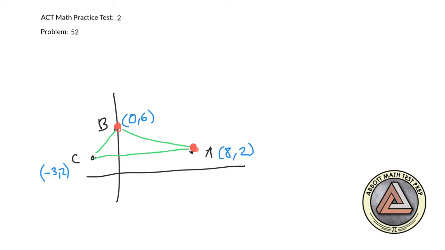So the fundamental insight you need to know is that we could, if we wanted to, think of this side as the base. Okay, this side is the base, and the height is the distance from this base, which by the way could be extended here. The height is the distance from point C to that base in such a way that would form 90 degrees.